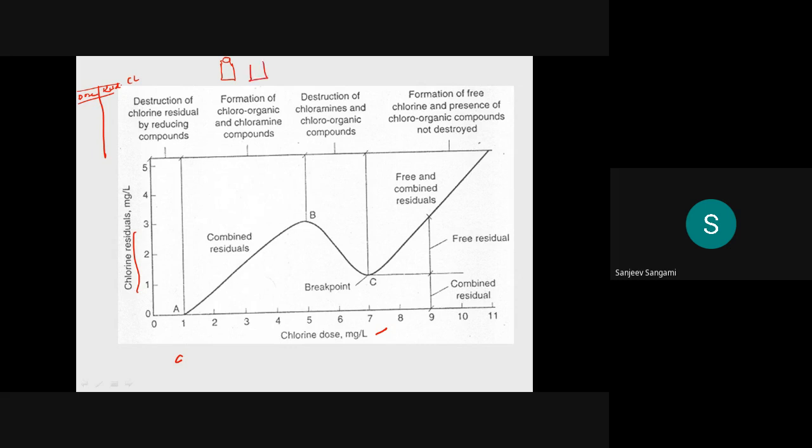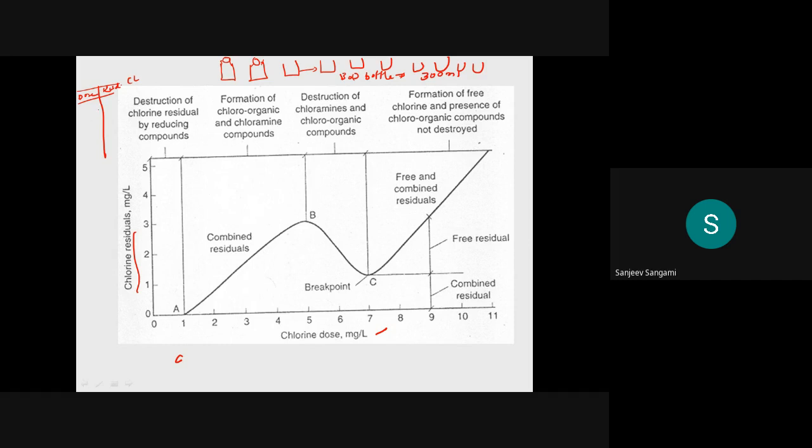You take a series of vessels which are tightly closed. We always consider the BOD bottle. The BOD bottles have a 300 ml capacity. So you can take around 10. Like this, you take 1, 2, 3, 4, up to 10. You consider 10 vessels.